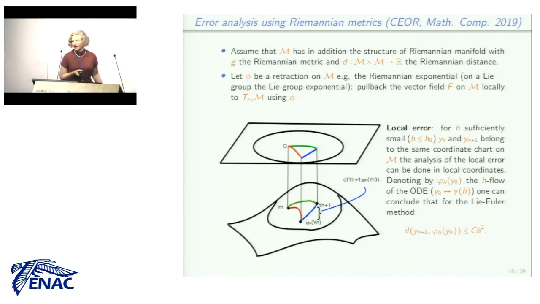When you are a numerical analyst, you should be concerned with error analysis and not only with the design of methods. Here is a work that we have done recently for extending error analysis for Lie group integrators, in particular methods which are designed on Riemannian manifolds.